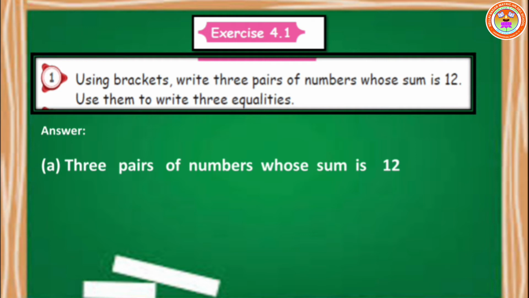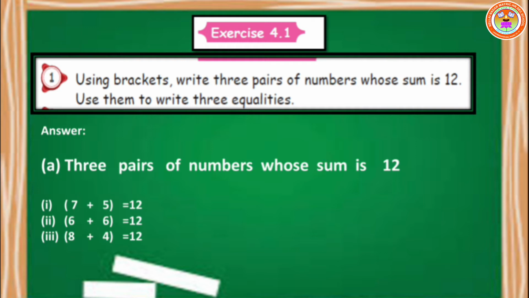Now we are going to write down 3 pairs of numbers that produce the sum 12. First pair: 7 plus 5 is equal to 12. Second pair: 6 plus 6 is equal to 12. Third pair: 8 plus 4 is equal to 12.